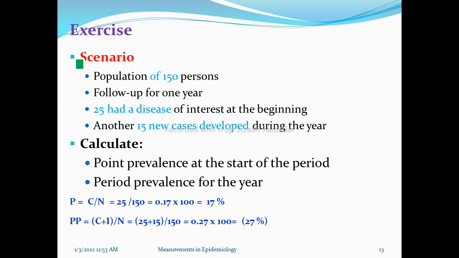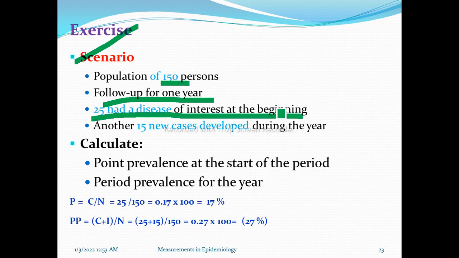So let us see one more example. In one class the population is 150 individuals. There is follow-up for 1 year. 25 had the disease of interest at the beginning, but another 15 cases developed during the year.